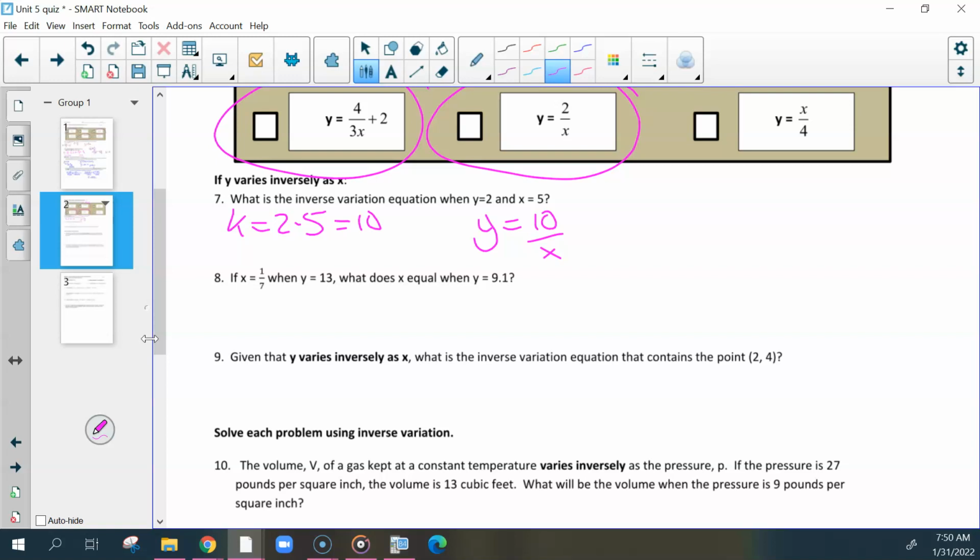So if I set it up as an equation, that would be x times y, so 1/7 times 13 equals, we're looking for x, and y is 9.1. So we have 13/7 equals 9.1x. And then you could divide this fraction by 9.1.